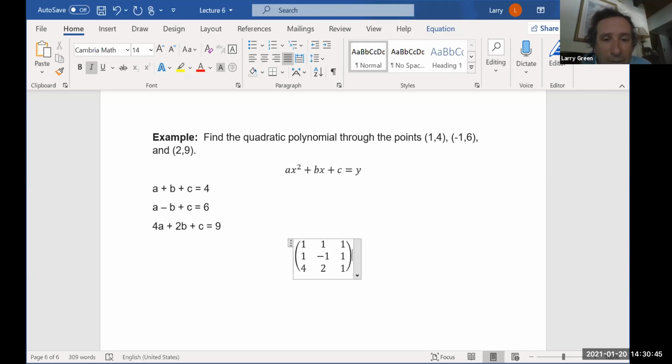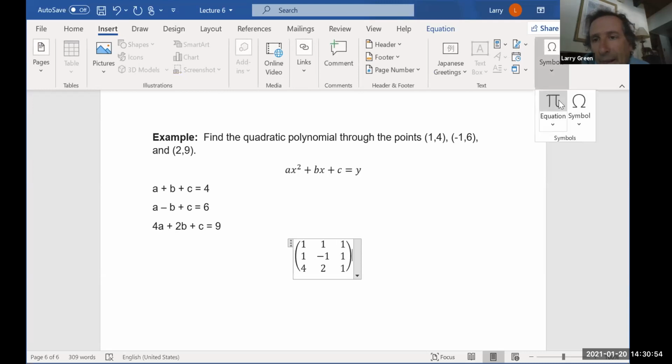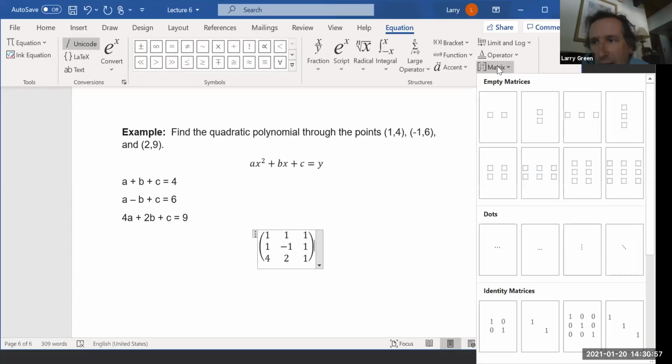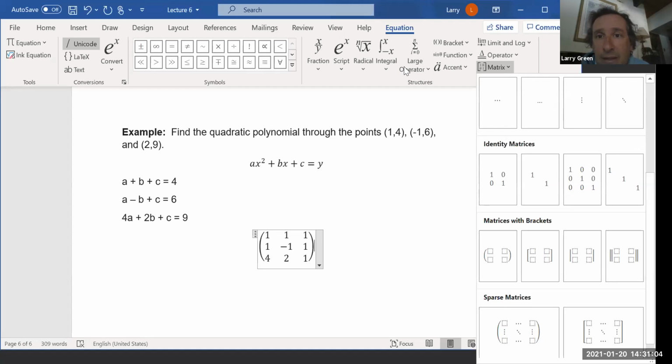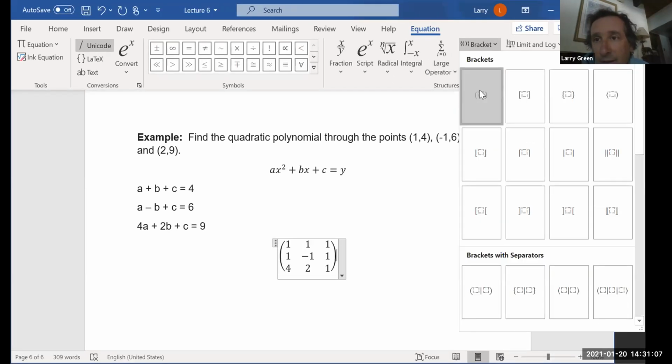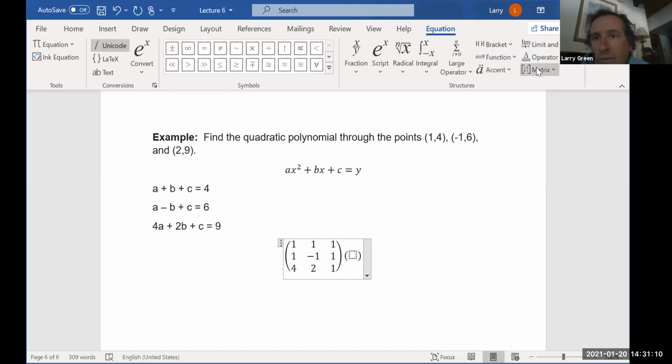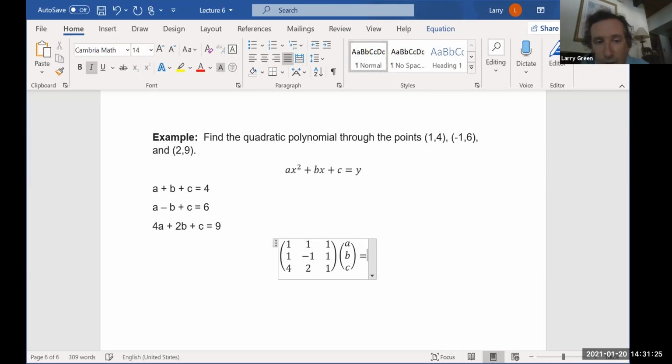And then we're going to have times the matrix ABC is equal to the matrix 4, 6, 9.